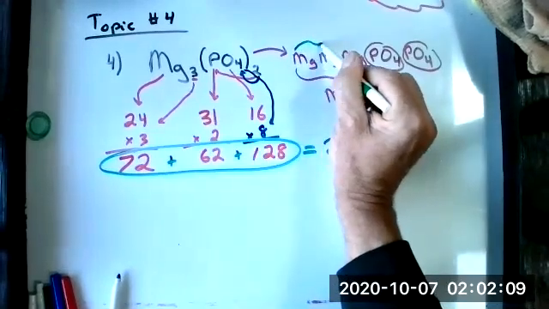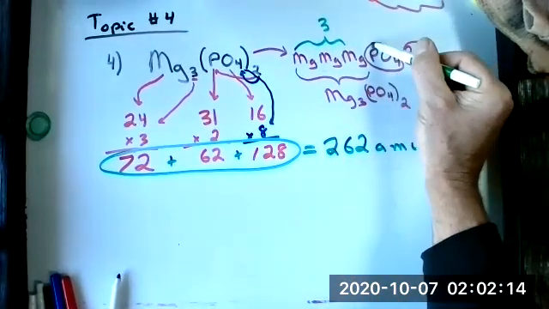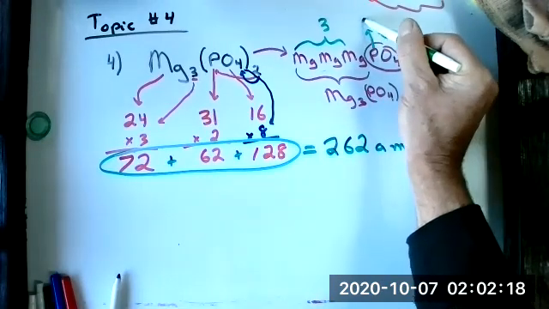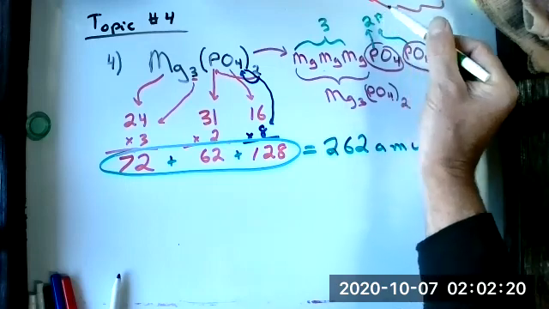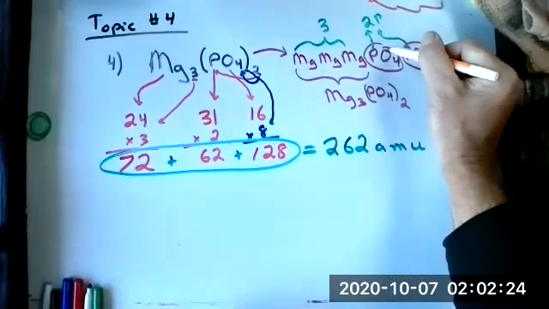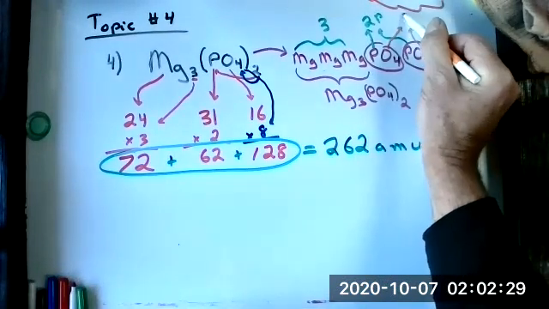So I see 3 Mgs, I see 2 Ps, and I see, now there's 4 O's there, there's 4 O's there, there's 8.